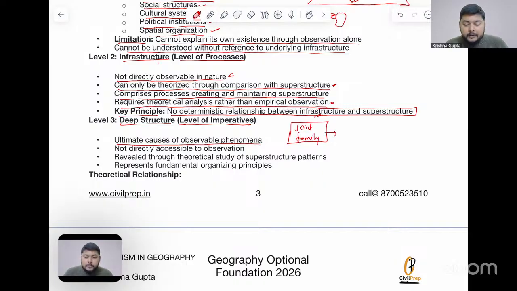Okay, from the joint family, why the thought of a single or nuclear family? Why did the nuclear family come into existence?